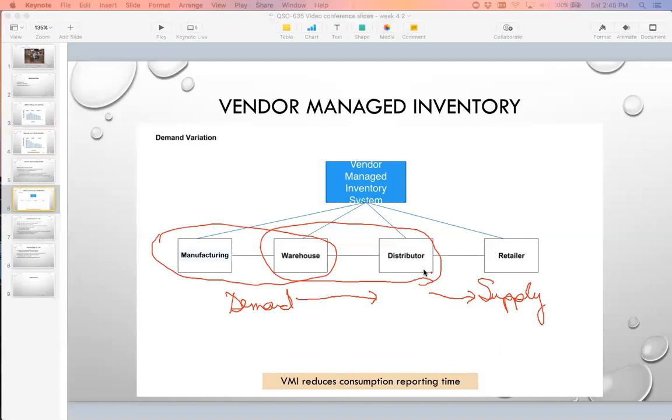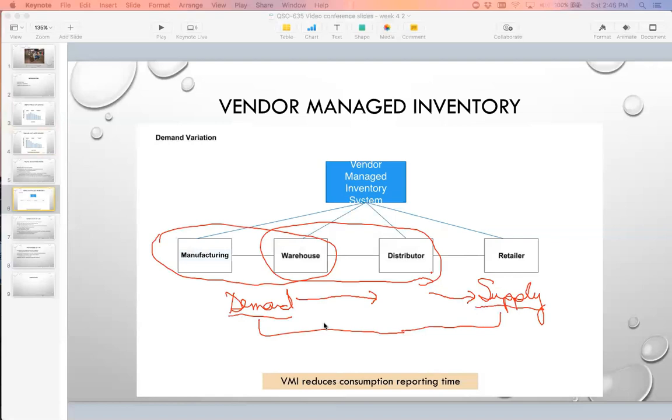The big thing is, you can go through this and basically say, okay, how would you improve the accuracy of your demand and supply data? Okay, how would you make these things more accurate? Maybe you can, with the VMI, share this information so that everybody has it. Okay, you could do that.